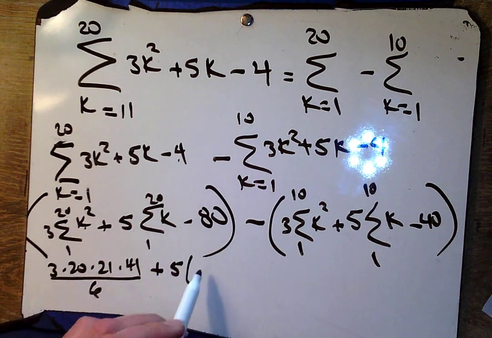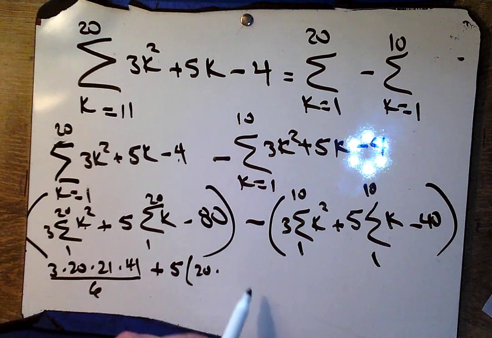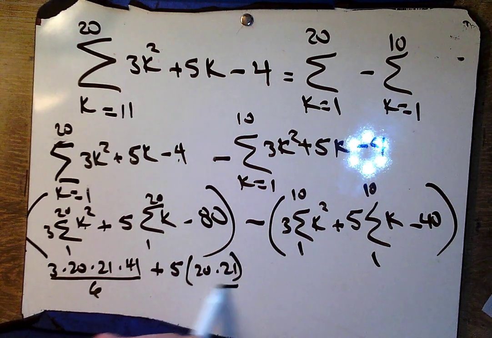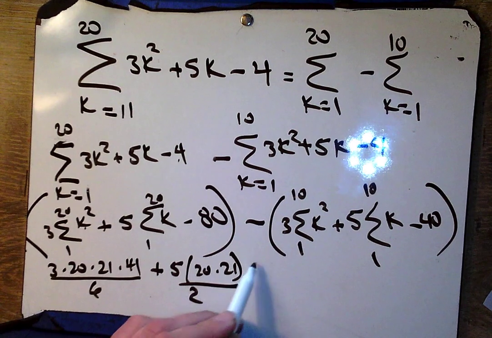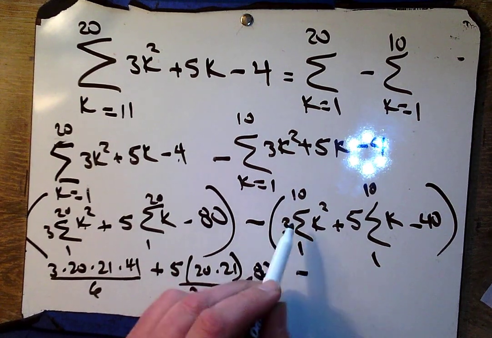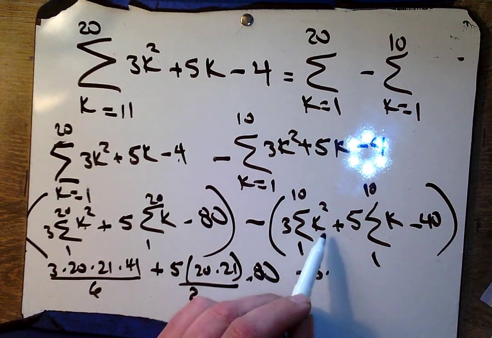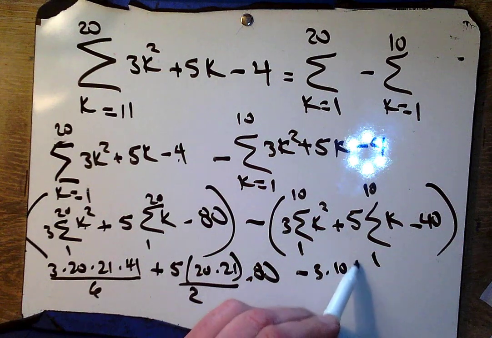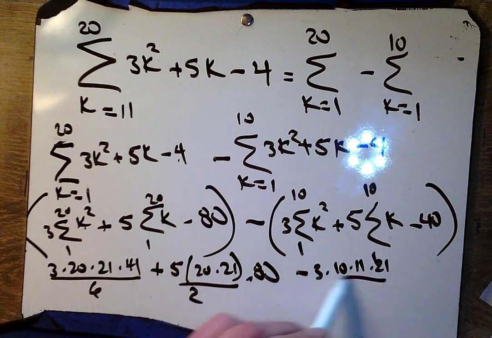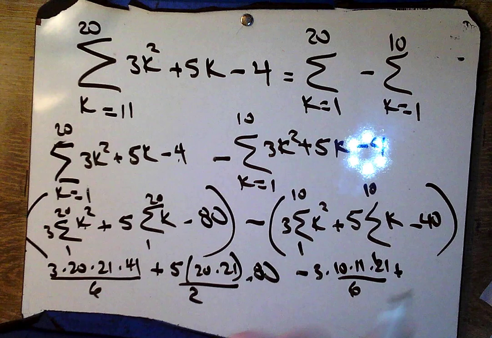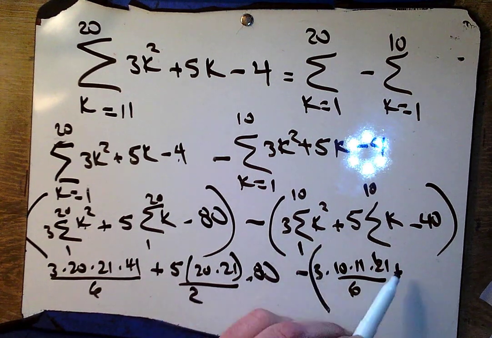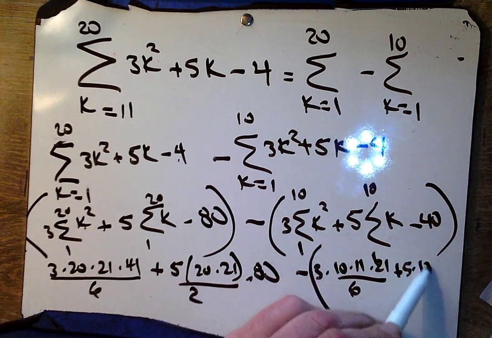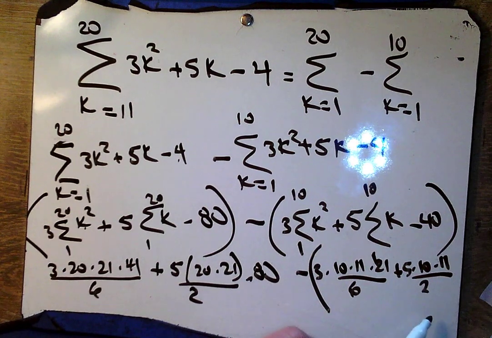Plus 5 times 20 times 21 over 2 minus 80 minus 3 times 10, 11, 21 over 6 plus 5 times 10 times 11 over 2, and don't forget that minus 40.